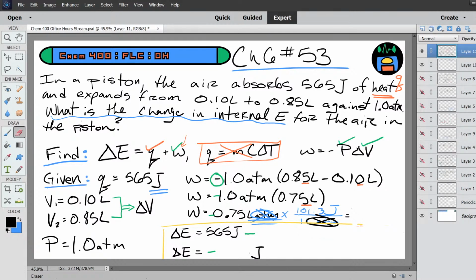Okay. So this is negative 75.975 joules. Sig figs wise, we can only keep 2. All right, then adding 565 gives us 489.025 joules.